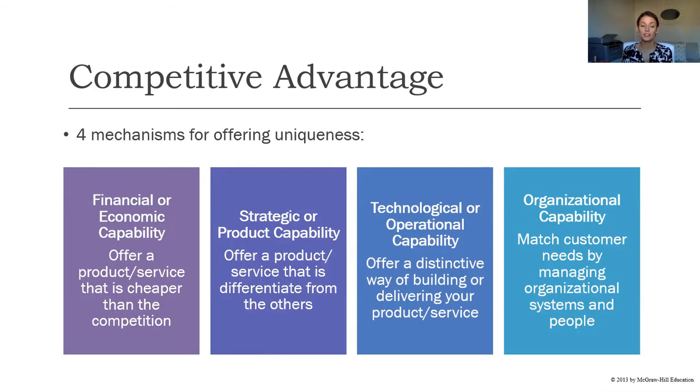There are at least 4 different ways for companies to be unique. We can think about uniqueness in terms of the cost of the product. We can think about it in terms of how special that product or service is, how different it is from all the other products and services that are being offered. A company's product or service may be delivered in a unique way.